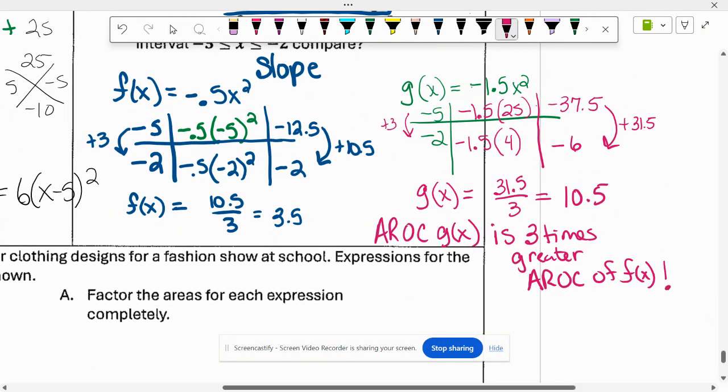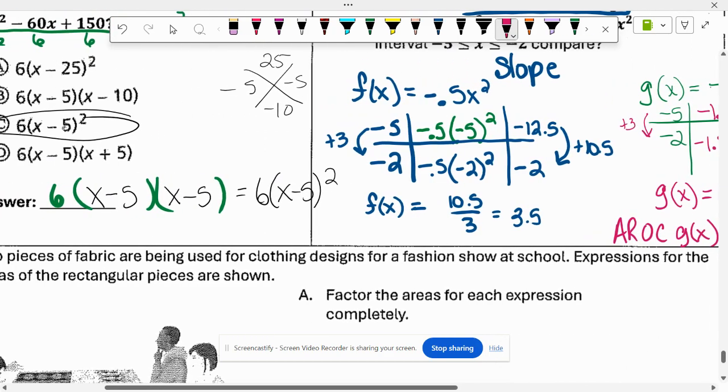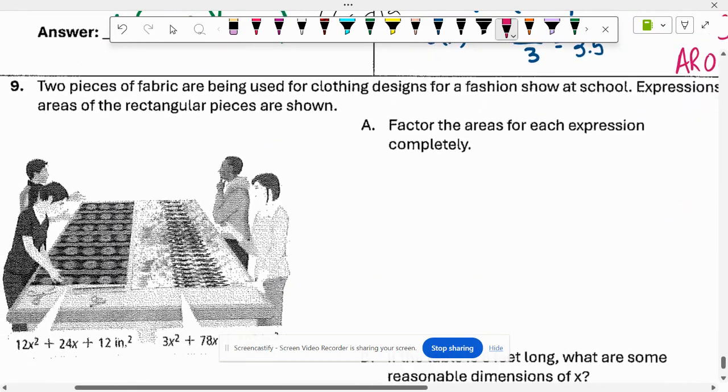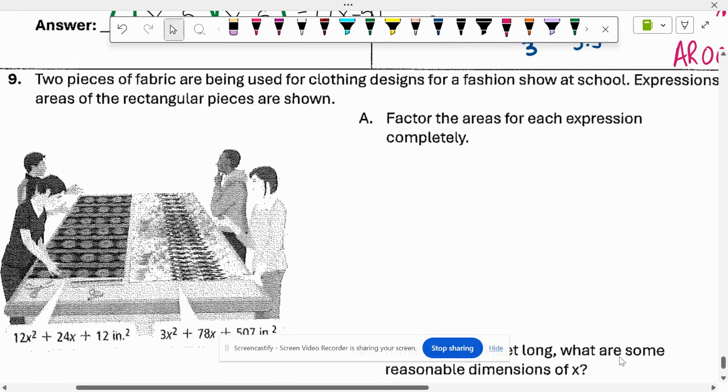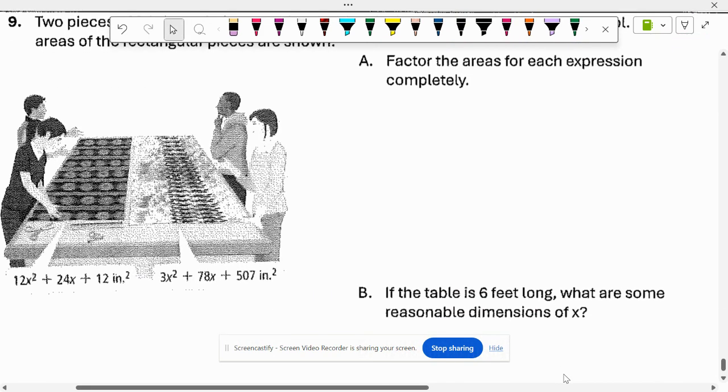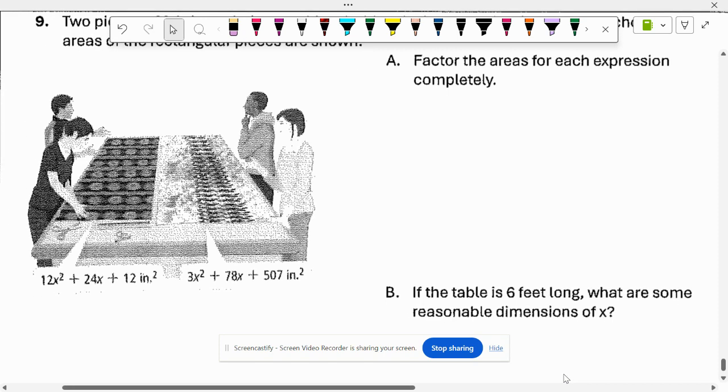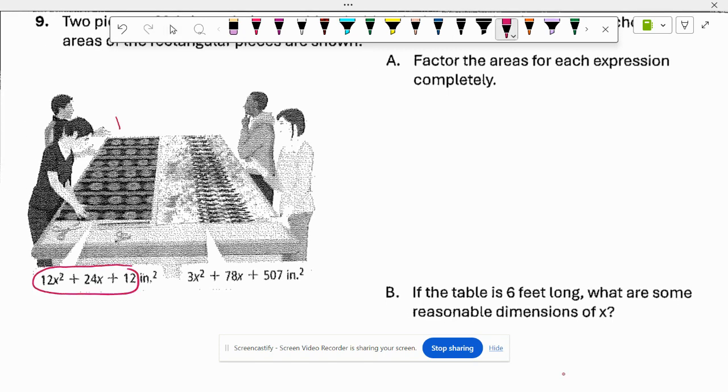The last one that we have is area. It's an area function. So I have 2 pieces of material or 2 pieces of fabric, and we can represent their areas by these polynomials. I called this piece number 1, and I called this piece number 2.